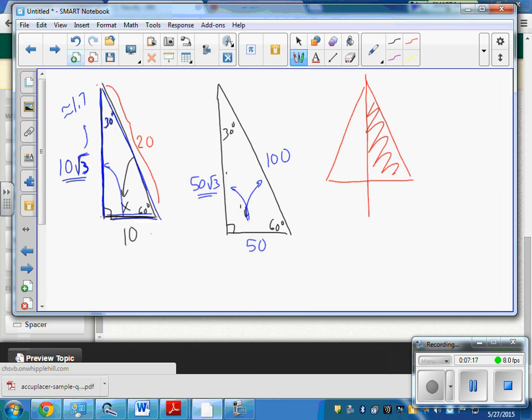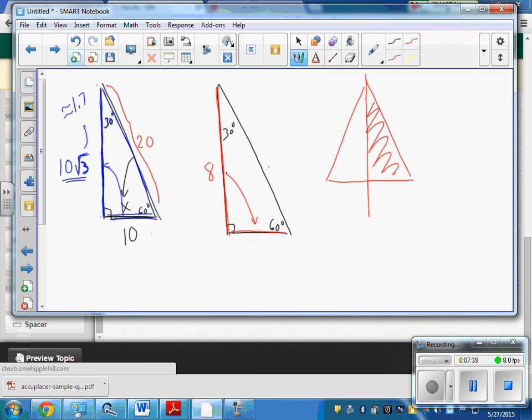The hardest type would be if I gave you the longer of the two legs. So let's suppose I gave you this, and I said this was 8. Now we want to go from there to here, but we're certainly not going to multiply by the square root of 3. It's pretty clear, I think, that this is much longer than that.